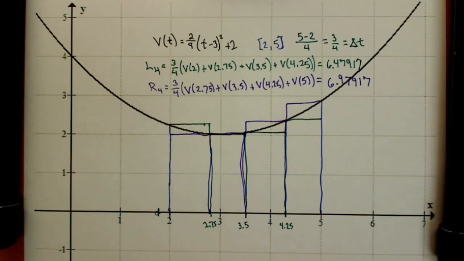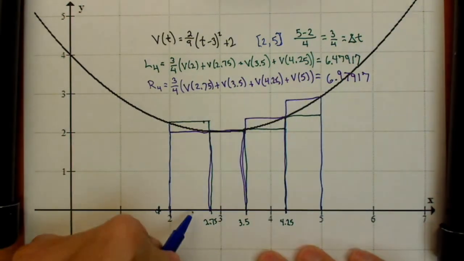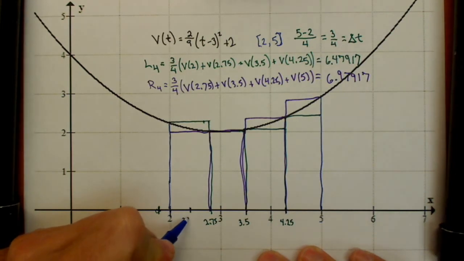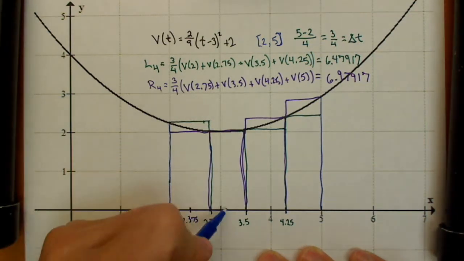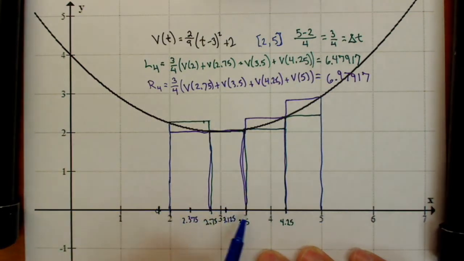Now, lastly, we're going to do this with the midpoint rule. The midpoint rule we do need to recalculate, because we need the midpoint of each of these intervals. So I need this point here, which is 2.375. I need this point here, which is 3.125, because I'm cutting all my intervals in half.